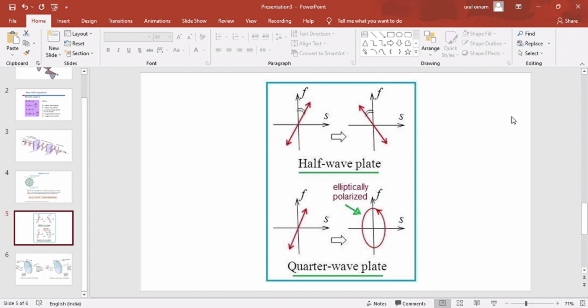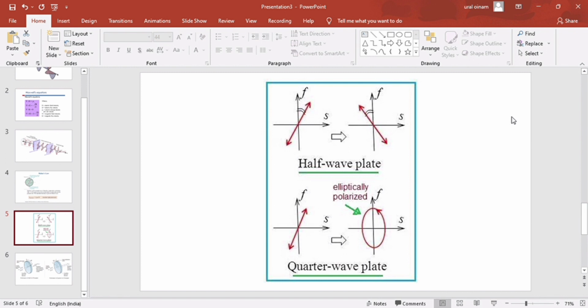This light actually has two components, and we will be considering two electric components, one in the x direction and one in the y direction. Depending on whether it passes through the half wave plate or quarter wave plate, they will have a phase difference.